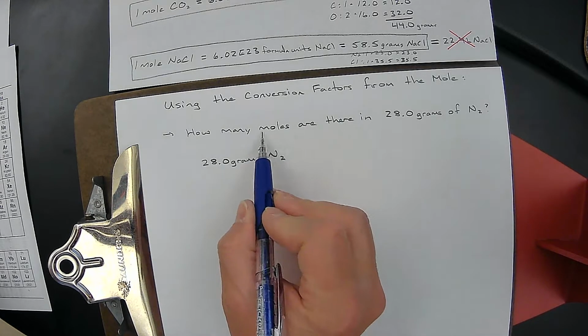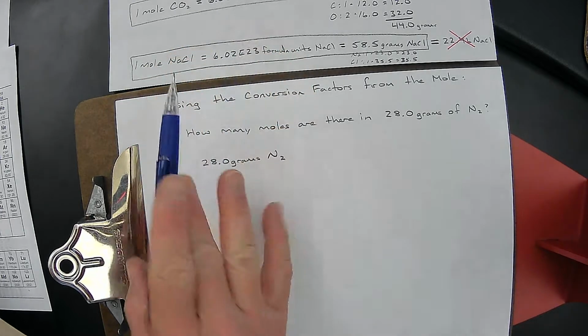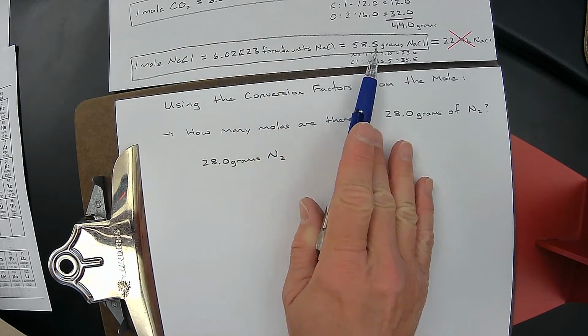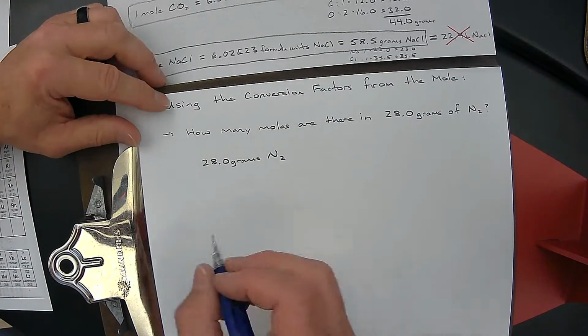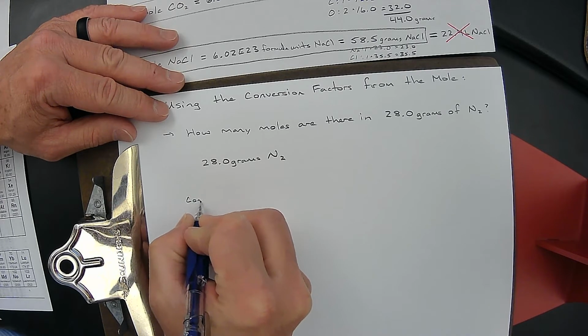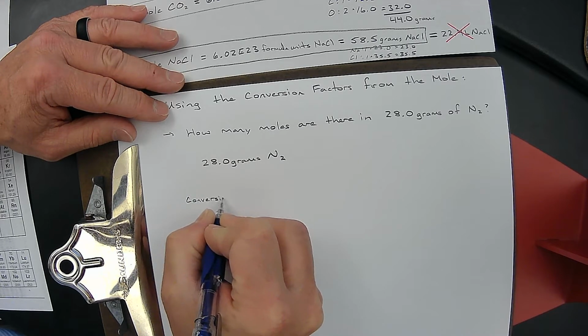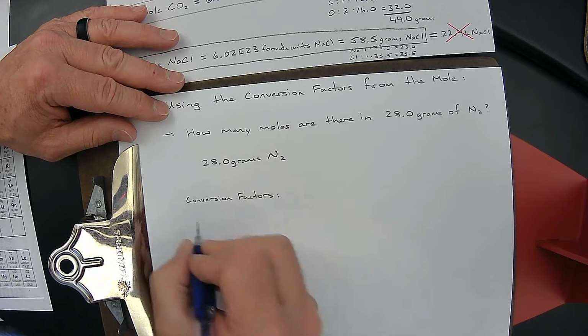We want our answer in moles of N2. So what we're going to do is write down the 4 conversion factors that we have for N2. My conversion factors for N2 are the following.